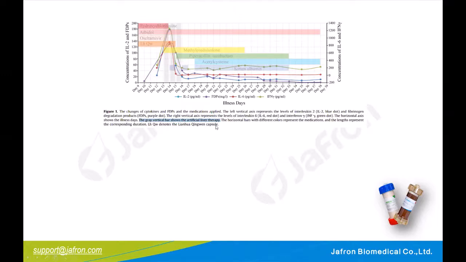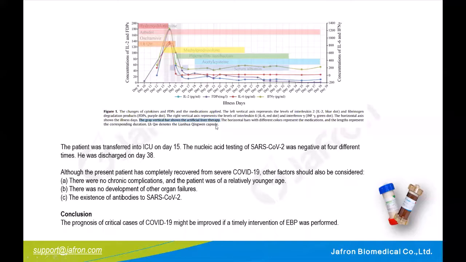And then the patient was transferred to the ICU for more intensive care, and gradually got an improvement. And after several rechecks with the nucleic acid test, they made sure that this patient had recovered from the COVID-19, and he was then discharged from the hospital.